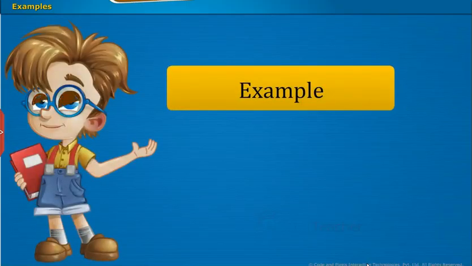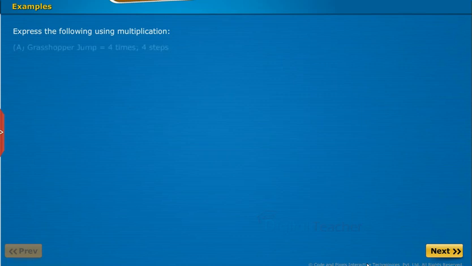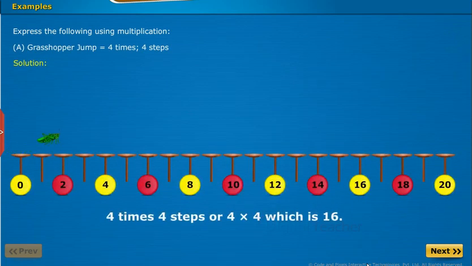Let us see some example problems. Express the following using multiplication. Grasshopper jumps 4 times 4 steps. 4 times 4 steps are 4 into 4, which is 16.